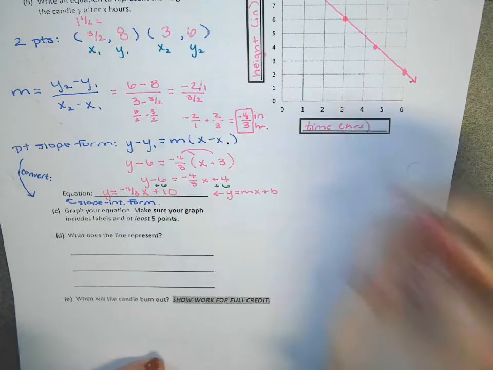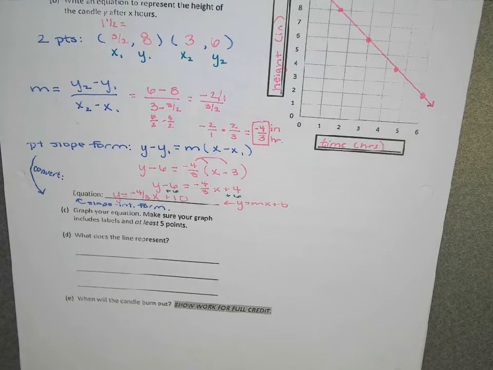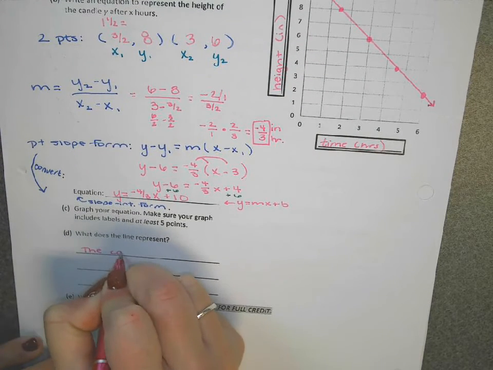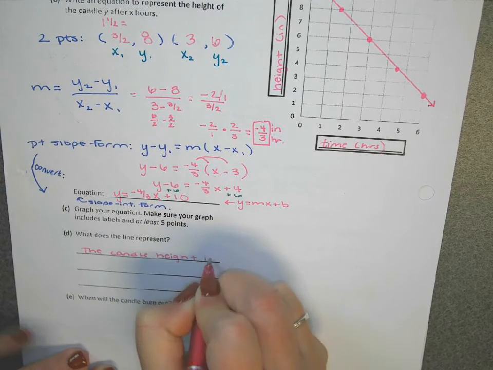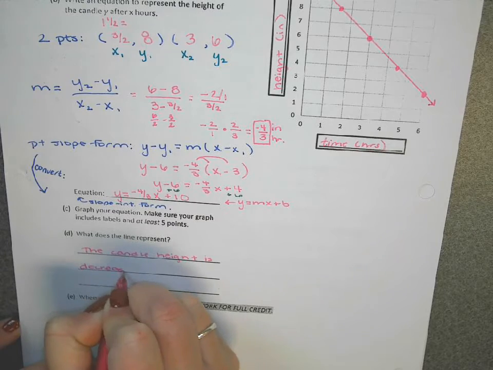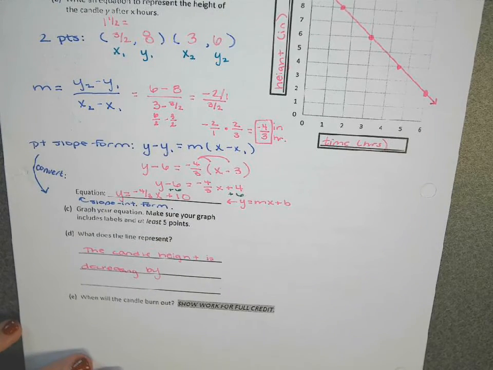Hours. So what this line is going to represent is that the candle height is decreasing by, and you could write this 2 different ways.